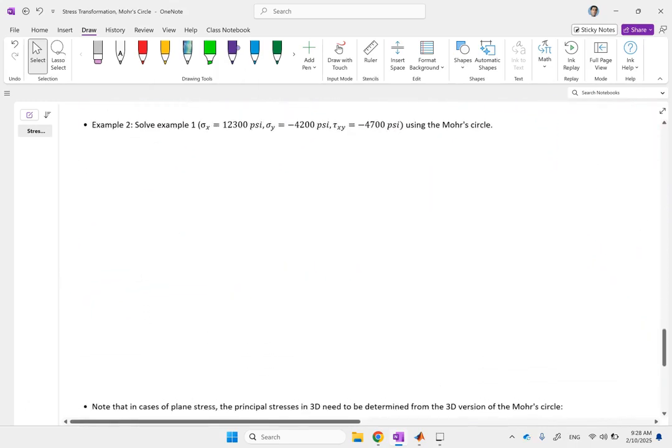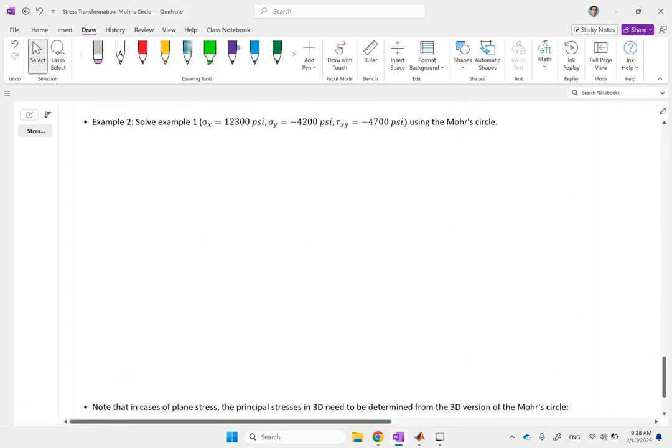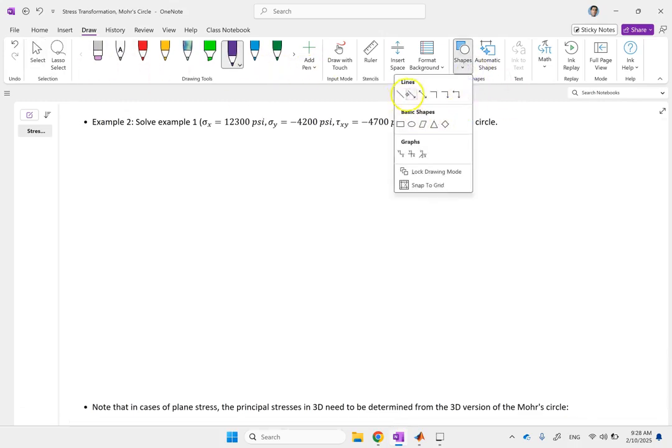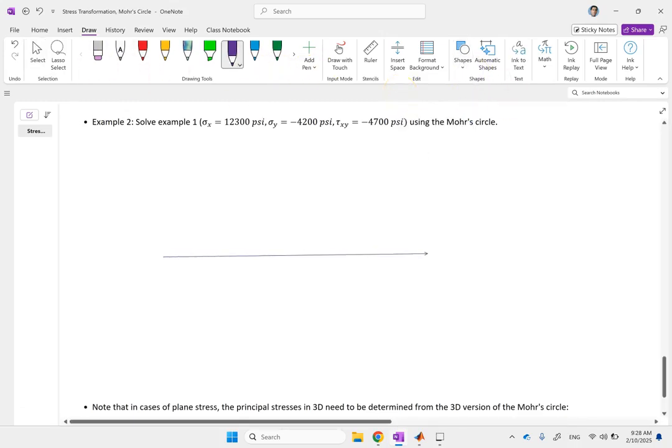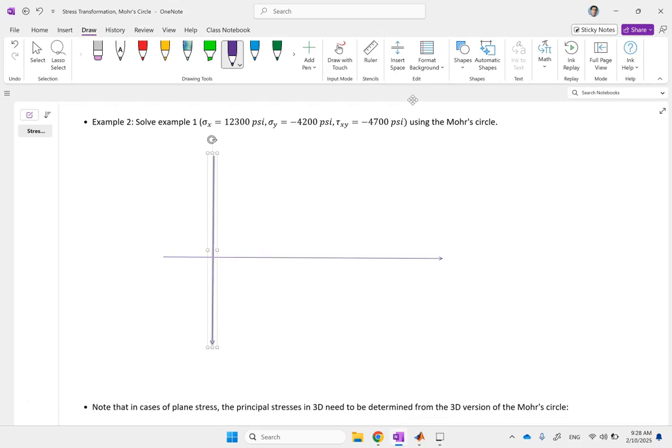Okay, now to practice that, we're going to do it on the same example that we did and see if we can come up with the same answers that we had. So here we're going to go and draw the circle again and the coordinate frame. In this case, your sigma y is negative, so we better move this guy a little bit this way.